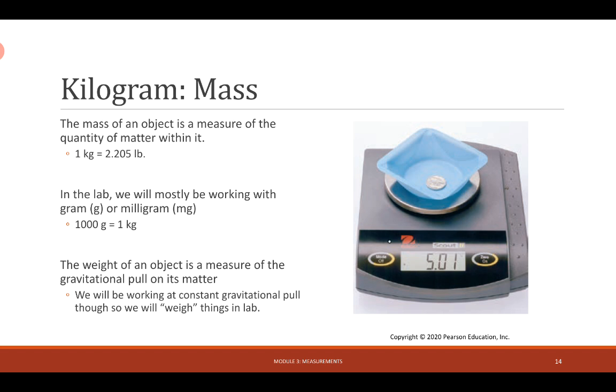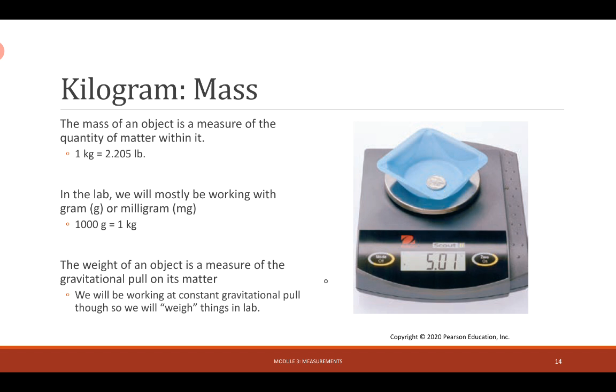The kilogram is our unit for mass. Weight is often associated with mass because they are very similar, especially when we're here on Earth at constant elevation. The gravitational pull on mass is weight, but the gravitational pull is pretty much constant at our elevation, and so we're going to treat mass and weight very similarly in lab, but technically we are trying to record masses.